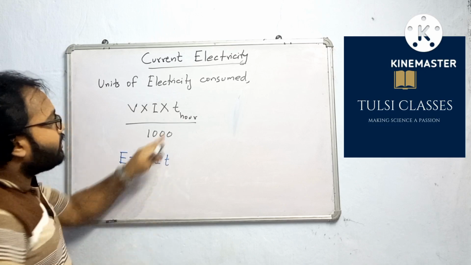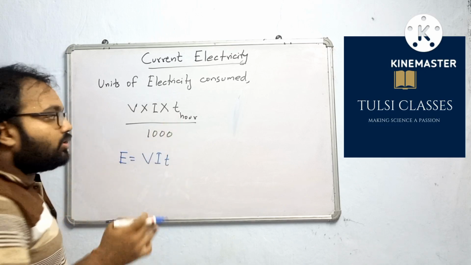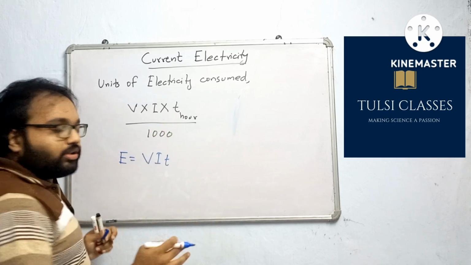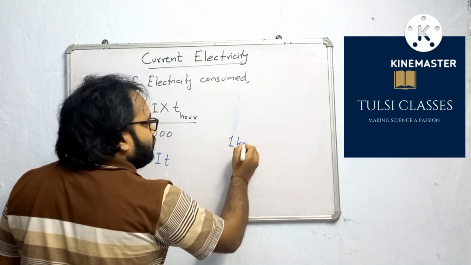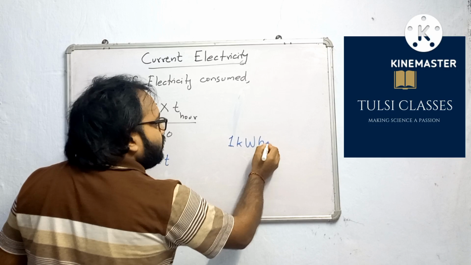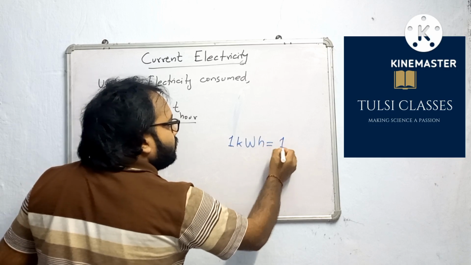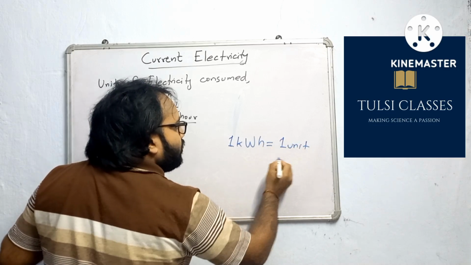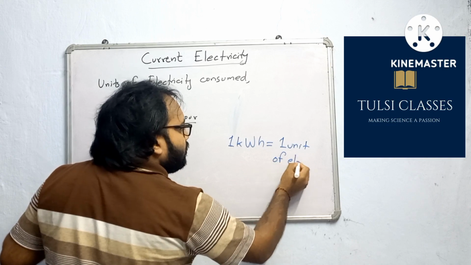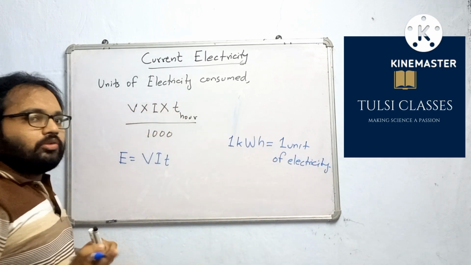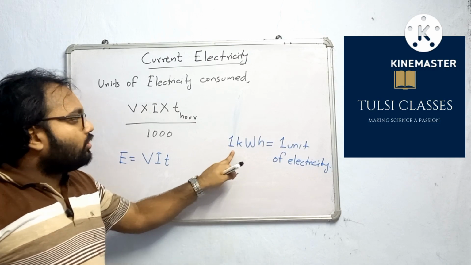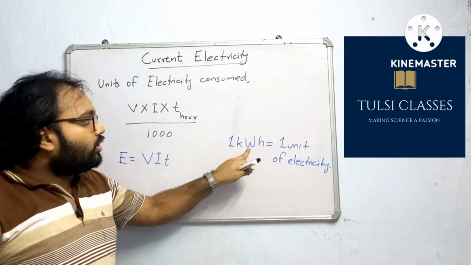Why have we taken it in hour here? Because of the standard set in our country: 1 kilowatt hour is equal to 1 unit of electricity. 1 unit of electricity you have spent means you have used energy equivalent to 1 kilowatt hour.